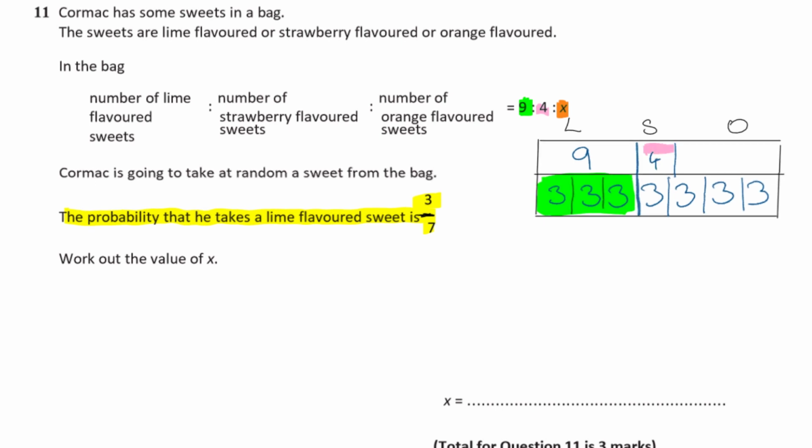So of those 12 that are remaining, if 4 are strawberry, then the rest, another 8, is going to be for orange. So that means for every 9 parts of lime, you're going to get 4 parts of strawberries and 8 parts of orange.